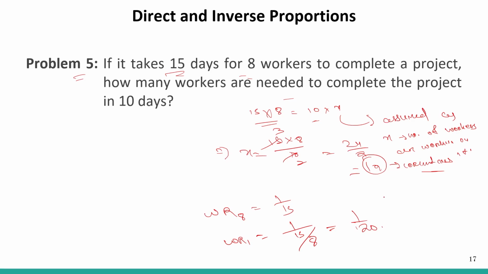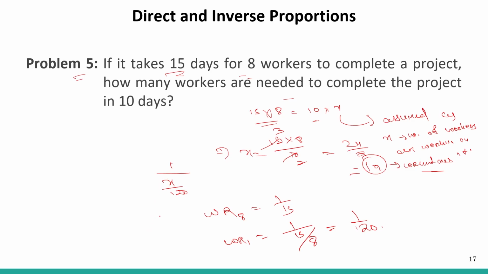So how many workers do we need to finish it in 10 days? Let X be the number of workers working on it. So X by 120. In the numerator we have the amount of task, that is 1, so this is what is covered in 10 days.